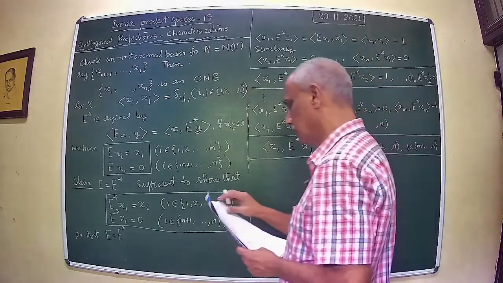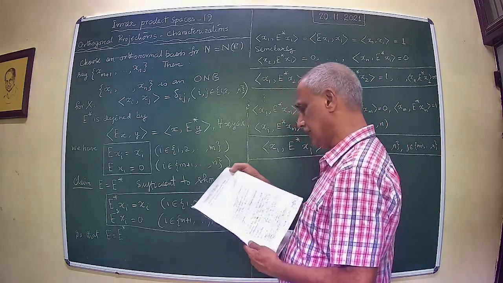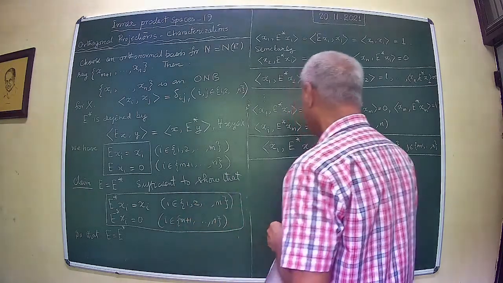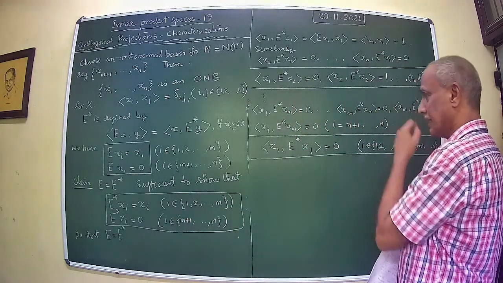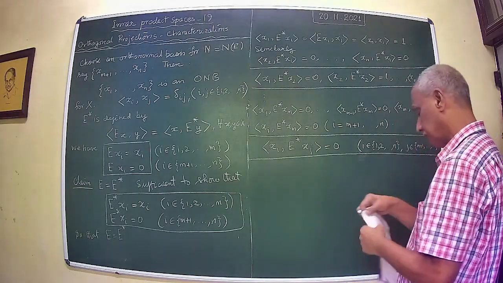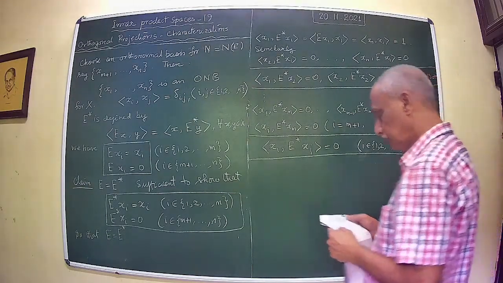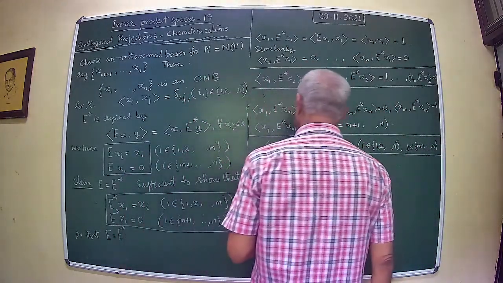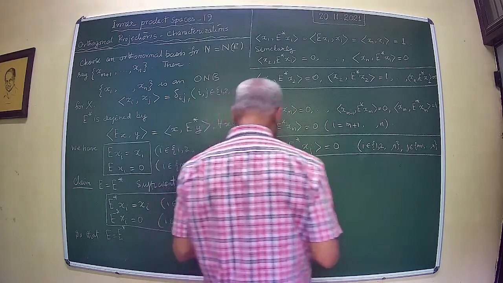Okay. So having got that, now you can find out what E star of xi is. Let us look at x1.